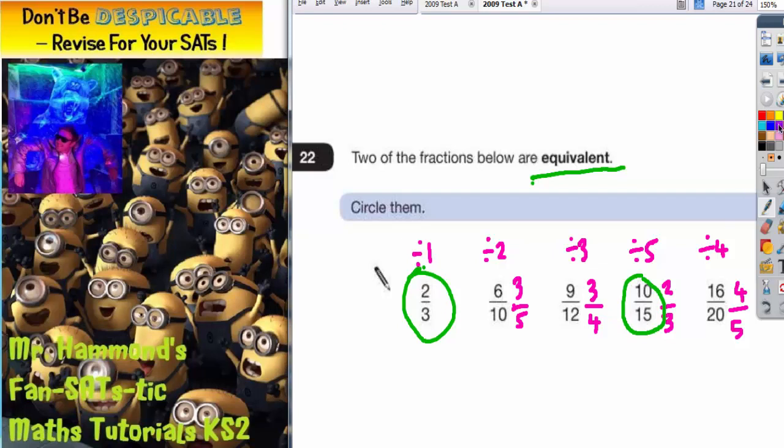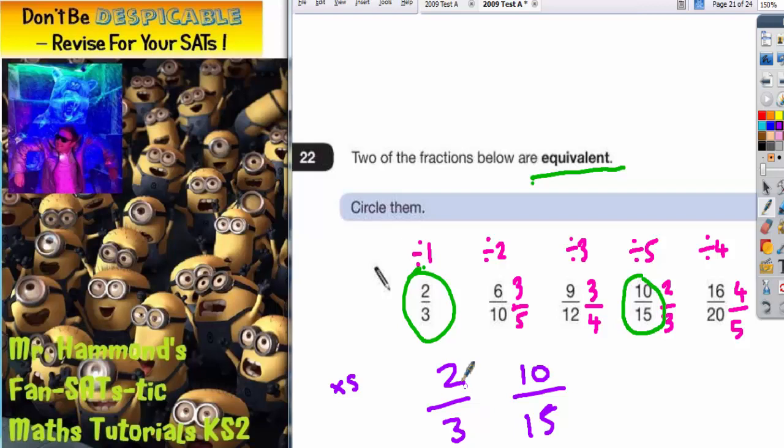The other way you could have thought about it is to have just done it by trying to spot which fraction can you multiply both numbers by the same thing to get another one of the fractions. Well, 2/3, if you multiply both of those by 5, so 2 times 5 is 10, and 3 times 5 is 15.